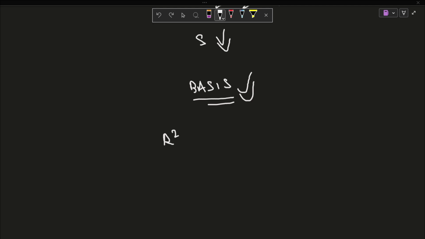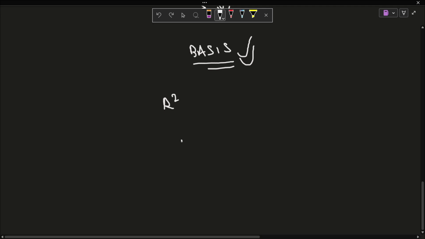Okay? And that's going to tell us that since the number of vectors in a basis for a finite dimensional vector space V is always going to be the same, let's just give that a name, and we're going to call it the dimension of V. And this is going to be denoted as dim V, or dimension of V. Okay?